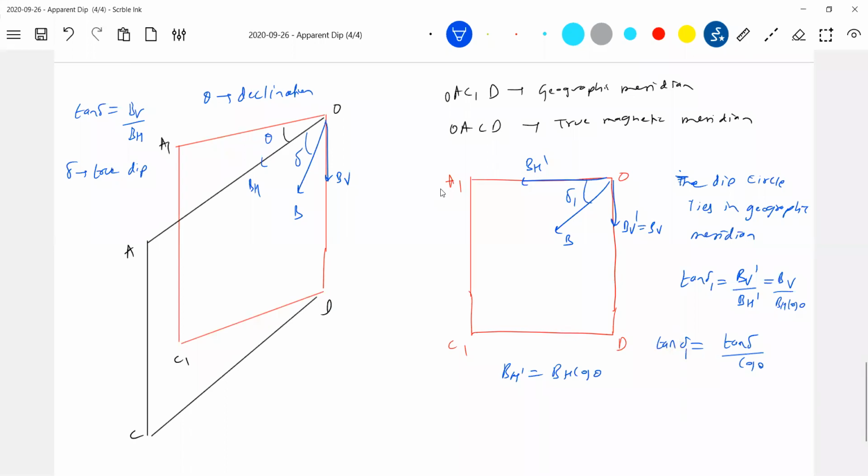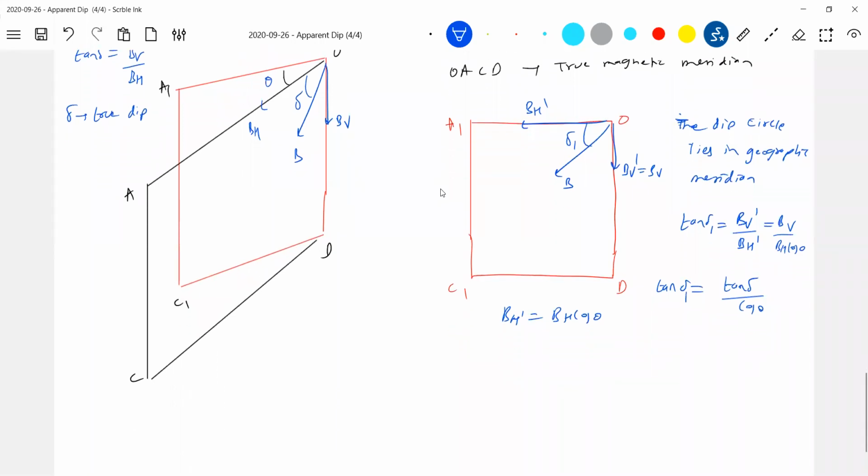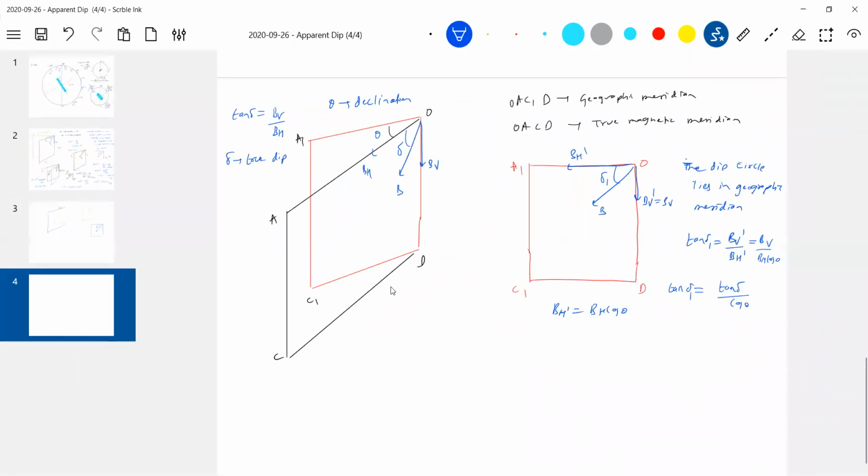Now shall I rotate the dip circle by how much? By 90 degrees. From where? From the geographic meridian. So the dip circle should be rotated by 90 degrees from the geographic meridian. When I rotate it, the geographic meridian will come here.